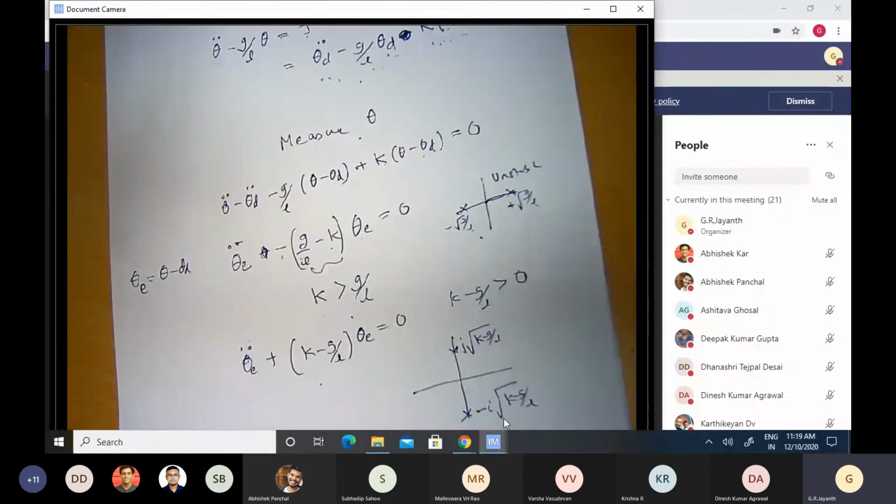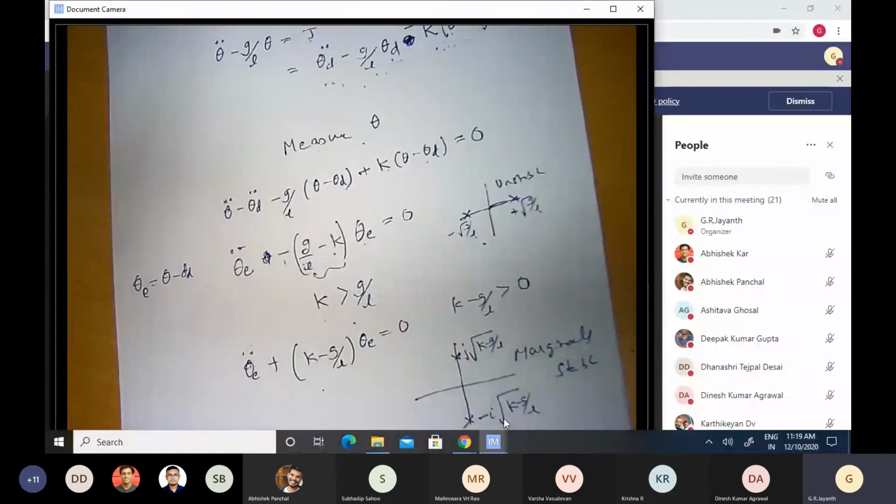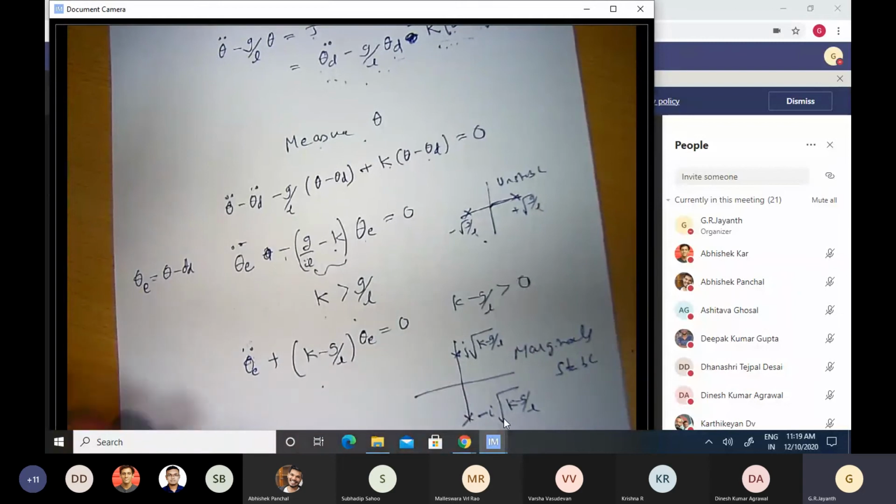Now this is a huge improvement, right? Because I was initially stuck with an unstable system on my hands, and I have now modified that unstable system to a marginally stable system. So while in the first case my error was increasing as a function of time, in this case my error will at least not increase as a function of time.